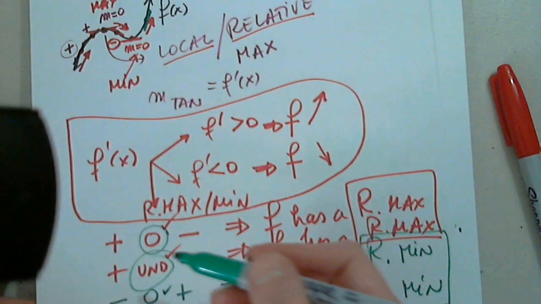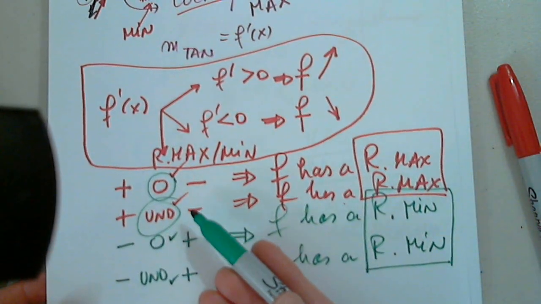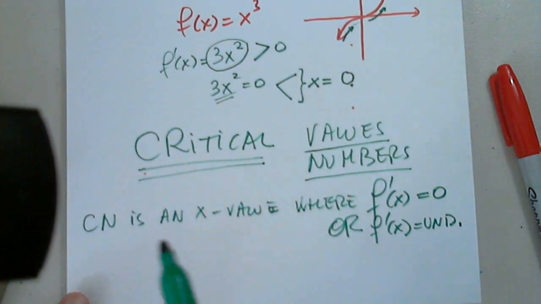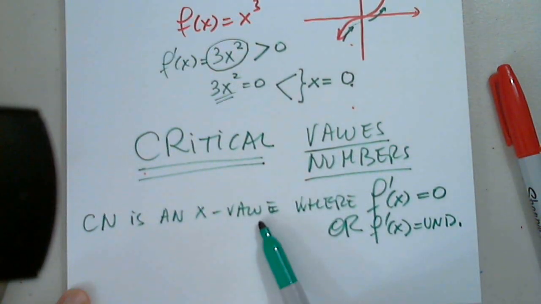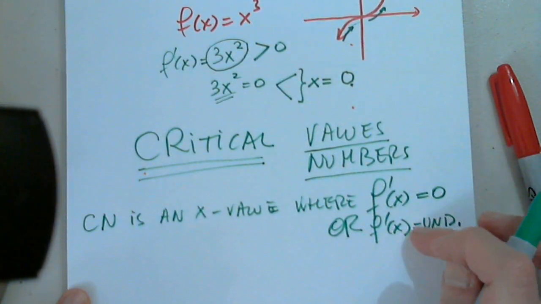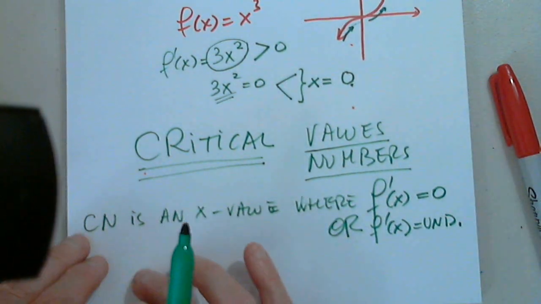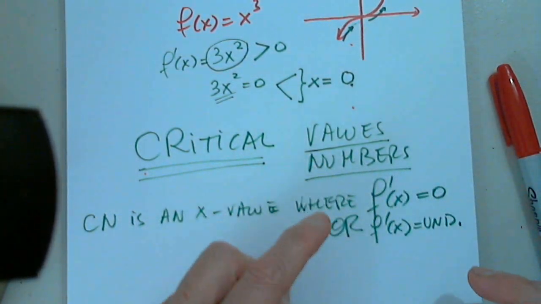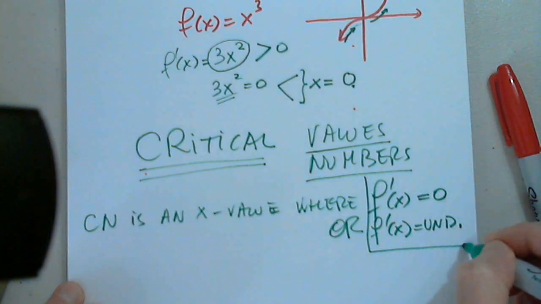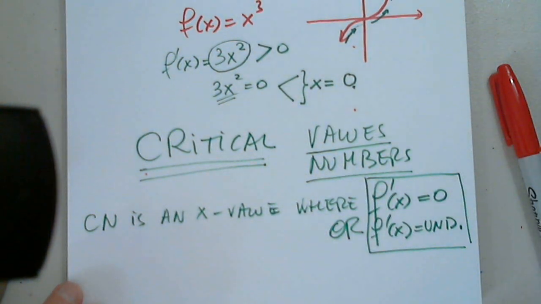In order to find max min, I have to find the critical numbers, where they occur. A function can have a critical number coming from this possibility, another critical number coming from that possibility, or none of the above. One, both, or none. So we have to investigate both of them at all times.